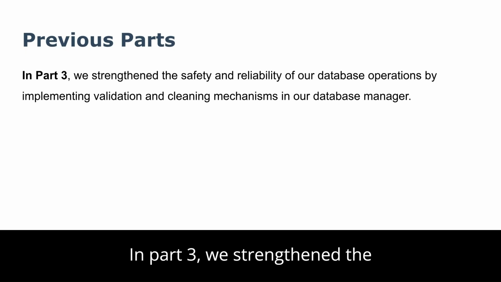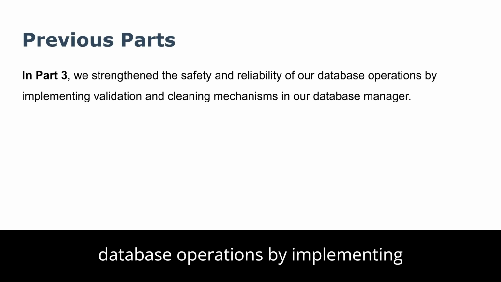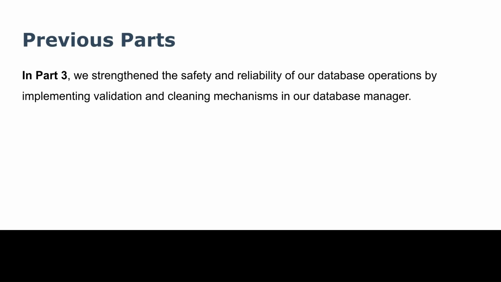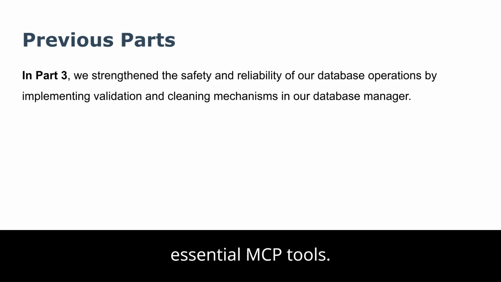In part 3, we strengthened the safety and reliability of our database operations by implementing validation and cleaning mechanisms in our database manager. Now let's get started with building these essential MCP tools.